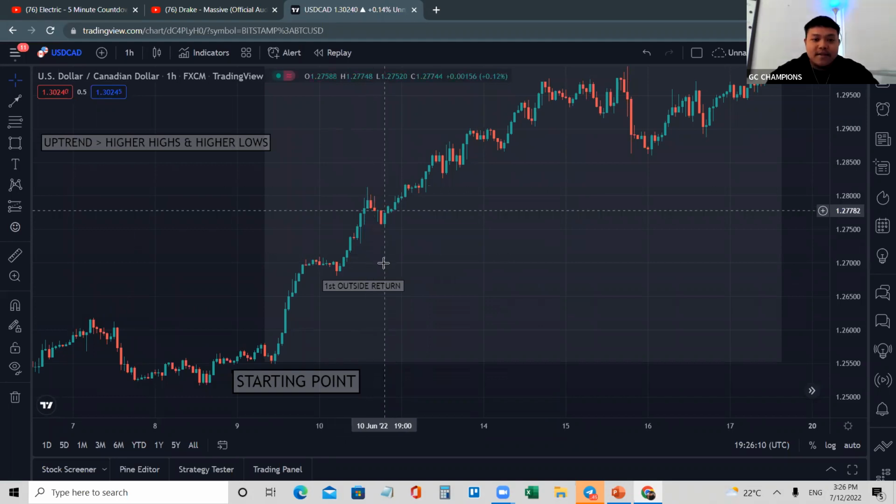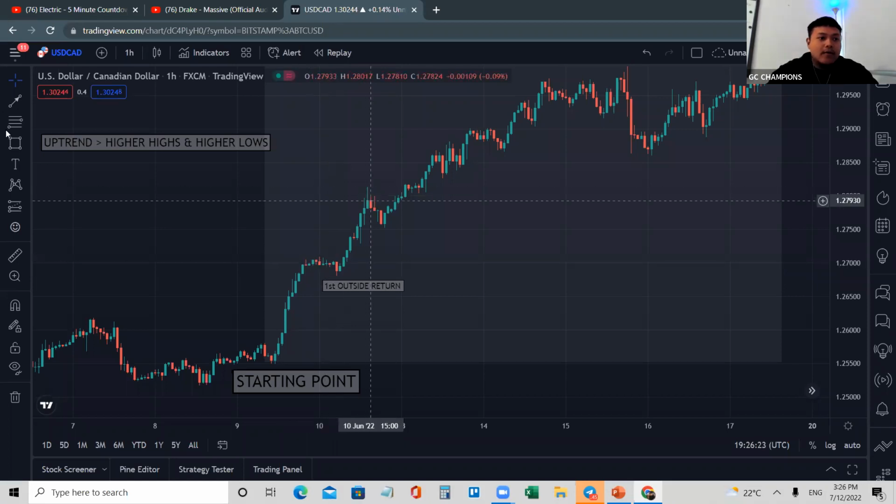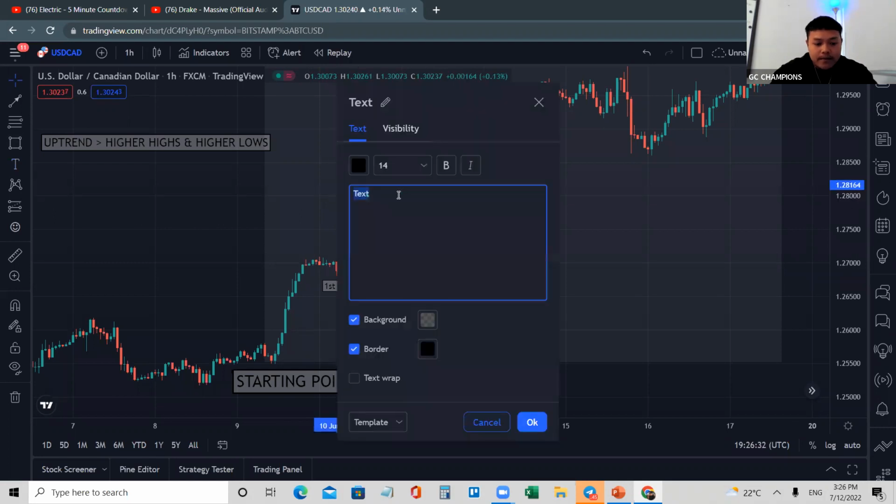So this was your first high. Then that outside return, it broke that area, making another high, which is over here. This is now a new high.